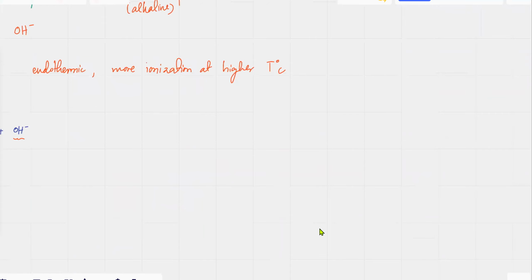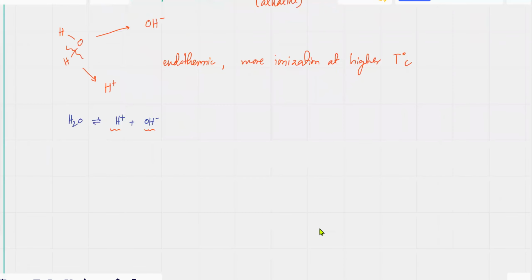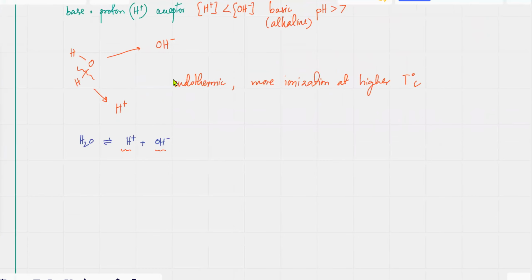All your life you've studied, whenever you studied chemistry, that water ionizes and produces H+ and OH- ions. Now, what really happens, if I tell you the mechanism of ionization of water, which is not important, no one is going to ask you about this.